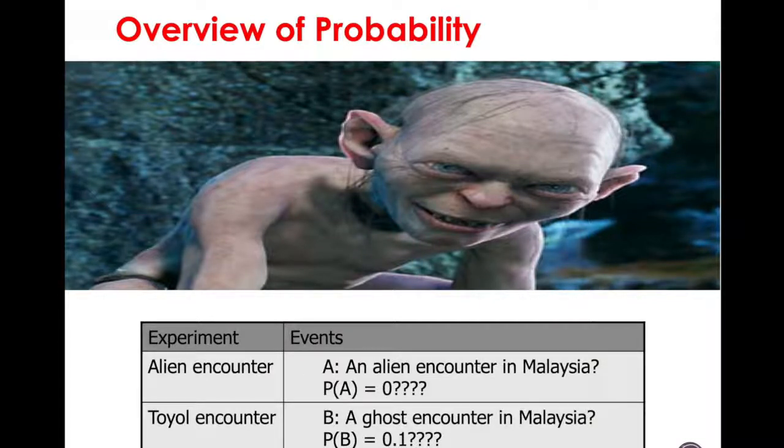As compared to a ghost encounter, and for B, a ghost encounter in Malaysia. So the probability of a ghost encounter in Malaysia is much higher than an alien encounter in Malaysia. So that is very generally speaking, of the probability.